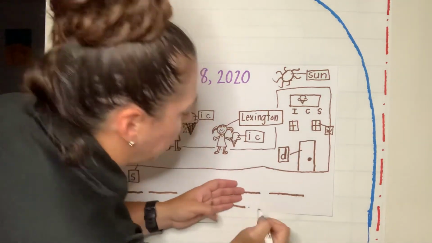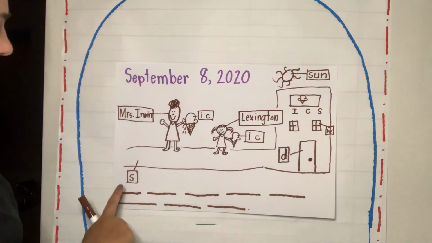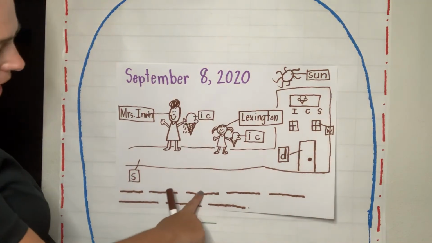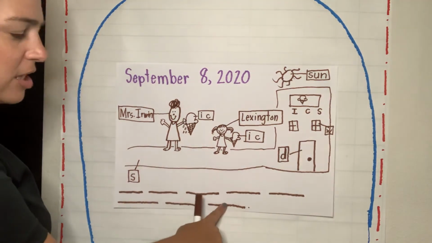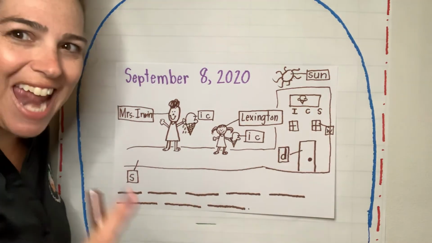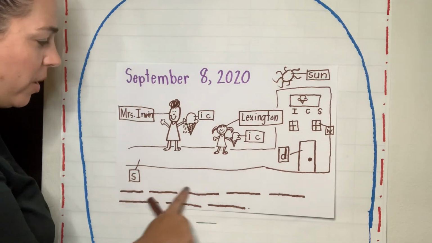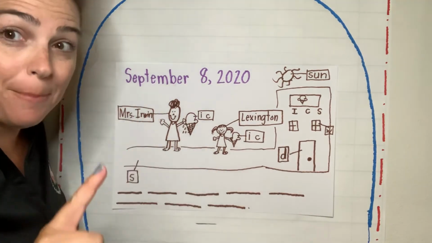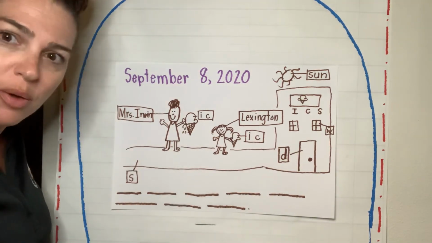And I always put a period to tell me to stop reading. A period is like a little dot. Lexi and I went out for ice cream. Now, here's the cool part. When you tell your story, you're going to touch each line. But if you know some of the words, you can write them.